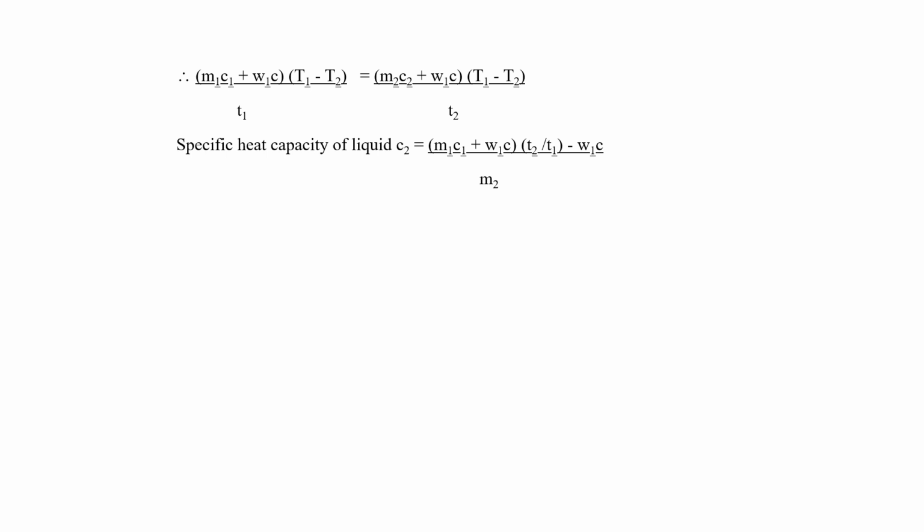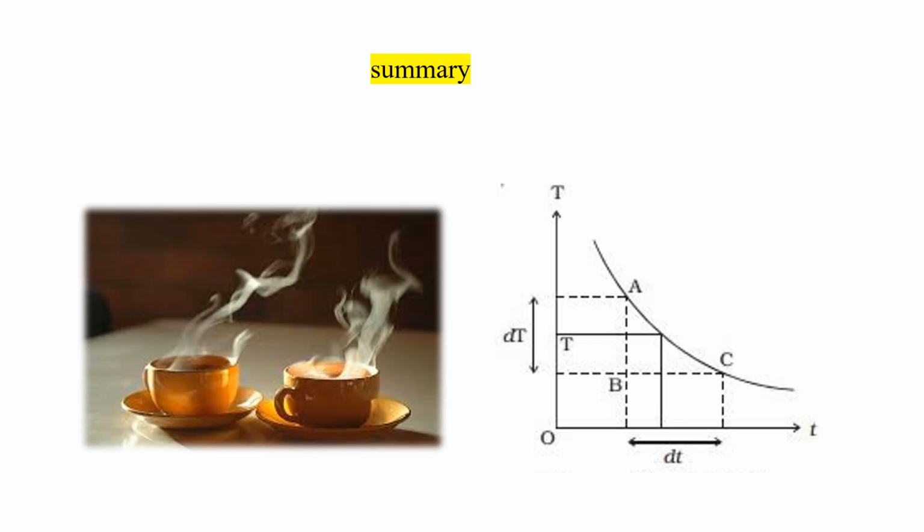From that we get C2, the specific capacity of the given liquid, as C2 equals M1C1 plus W1C into t2 by t1, minus W1C, all divided by M2. The unit is kilogram per meter squared per Kelvin.